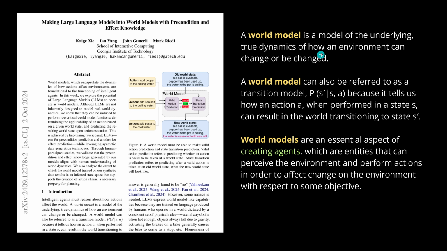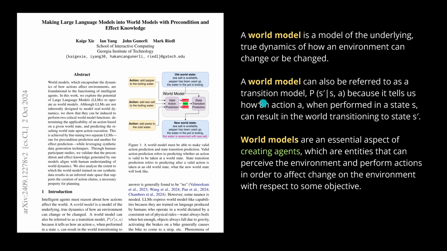You see, for example, Georgia Institute of Technology, they tell you a world model is a model of the underlying true dynamics of how an environment can change or be changed. Now, interestingly, they give you another perspective.